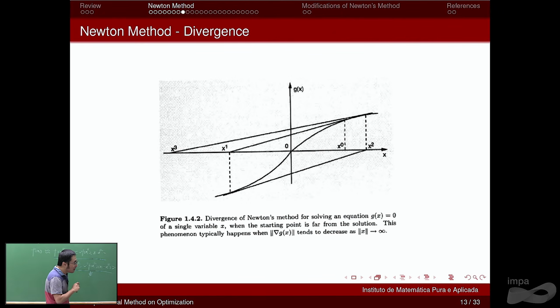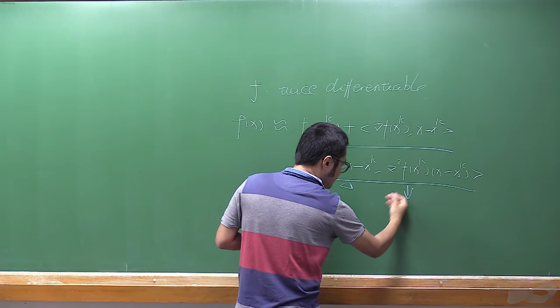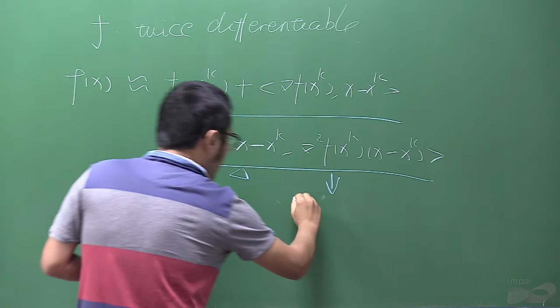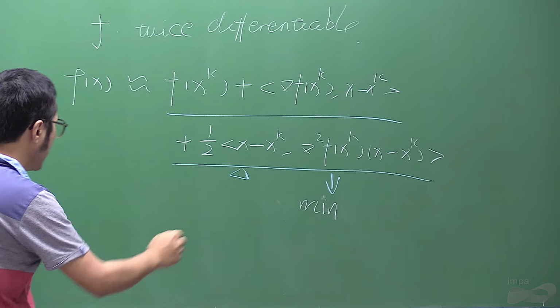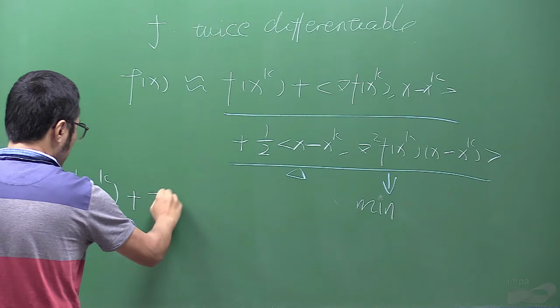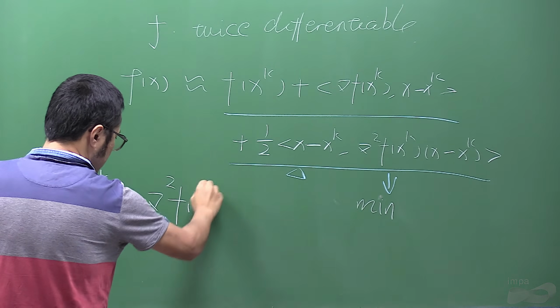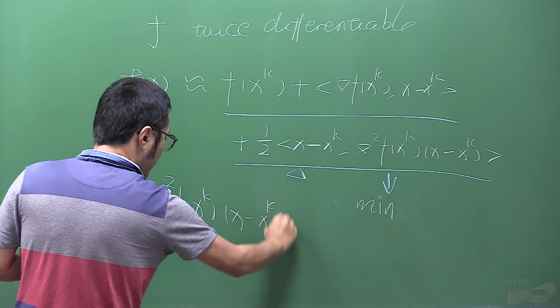Here is another example of the divergence of Newton's method. Remember, the key point of Newton's method is to solve a nonlinear system. Let's go back to the blackboard. Newton's method is to minimize this second order approximation. Later we get this one: the gradient of f at xk plus the Hessian times x minus xk.